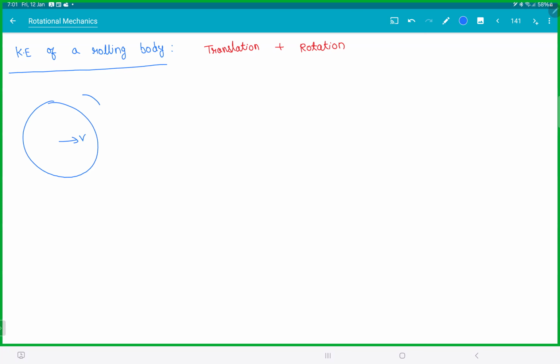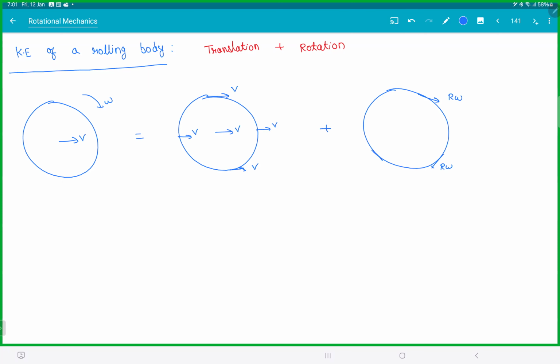So if you have a body going with V and omega, you can split this motion into translation and R omega R, the rotation.